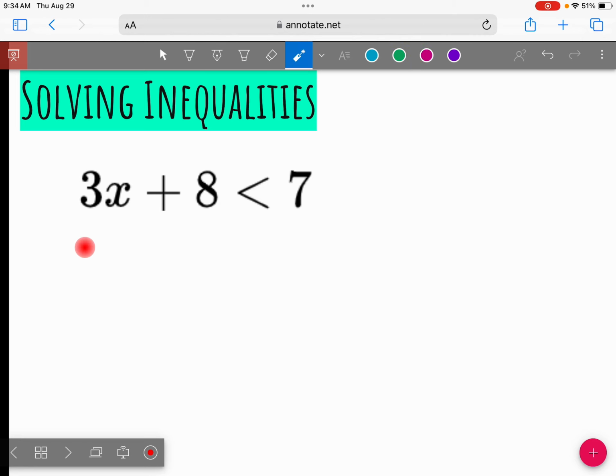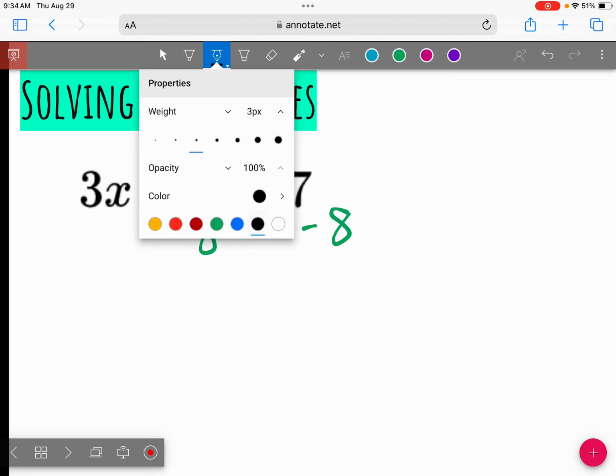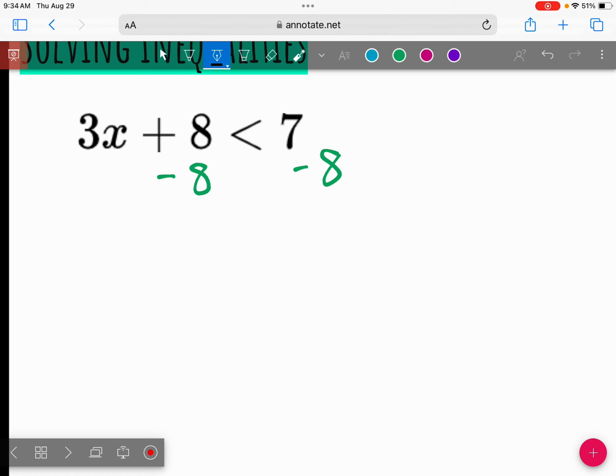What's our instinct on this one? Subtract 8. We can absolutely subtract to both sides of an inequality. We treat it like an equation for the most part. There's only a couple times things go wonky. Bless you guys. It's sneezy in here today. So we're going to have our 3x is less than negative 1. That's true.